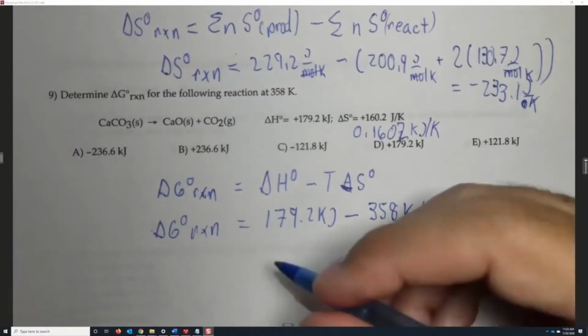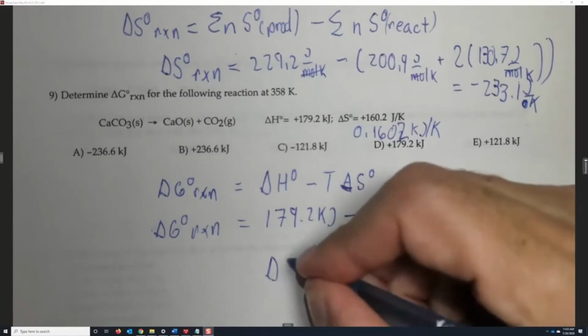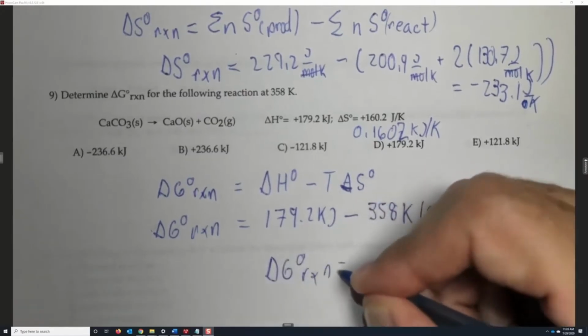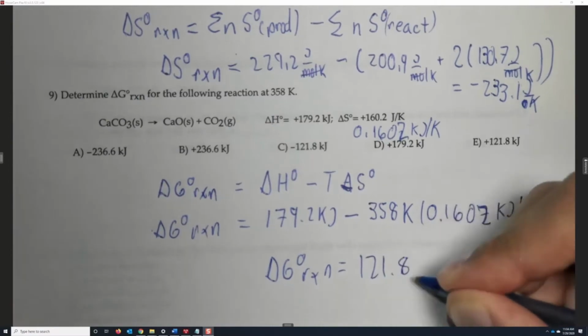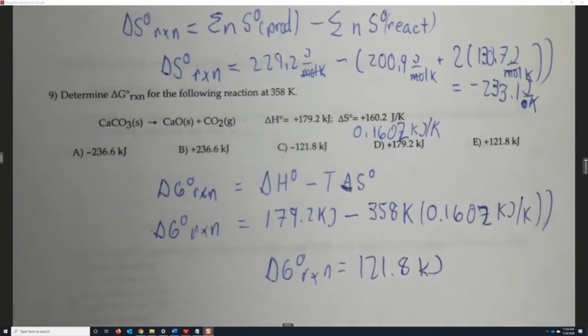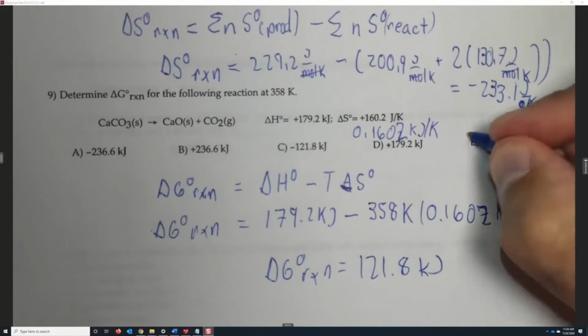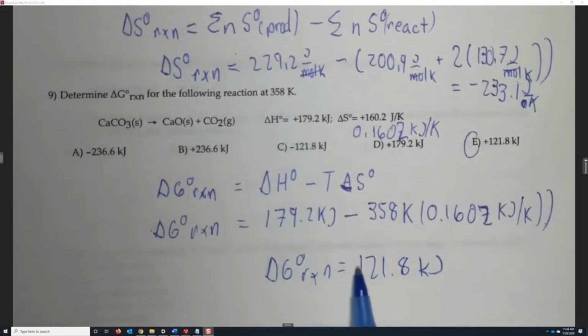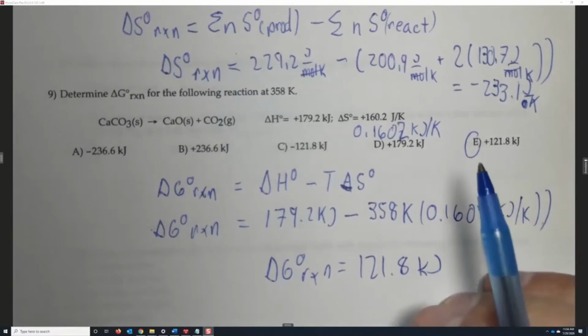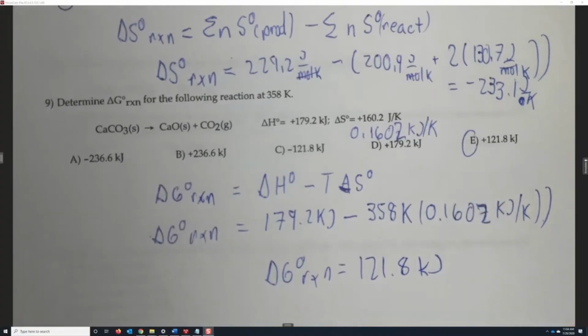All right, and when we do that, we find that the delta G of this reaction is equal to 121.8 kilojoules. So what we find is that this is not a high enough temperature for this to be spontaneous, because this is a positive value. All right, so we would need a higher temperature in order for this to be a spontaneous process.